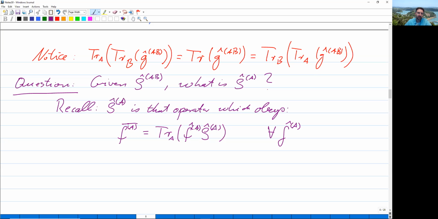Let's keep that in mind. Rho hat is that operator for which this is true for all observables. Now, calculate for an observable of subsystem A, the expectation value with the big Heisenberg cut.